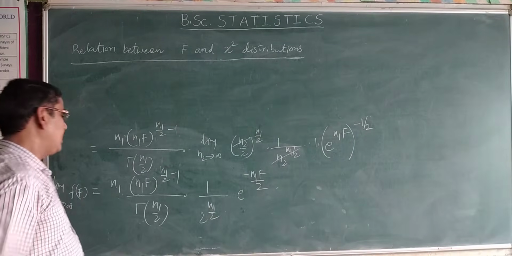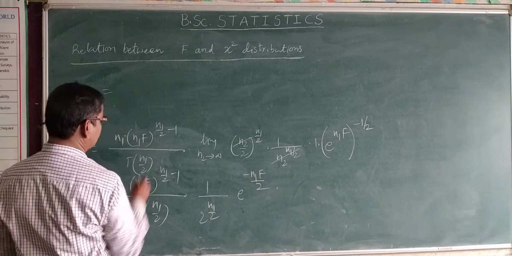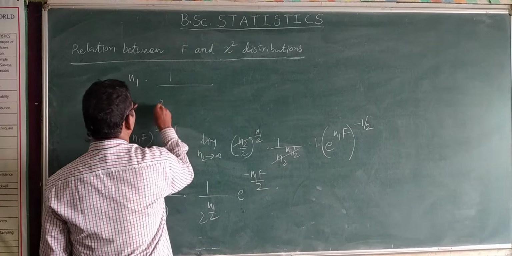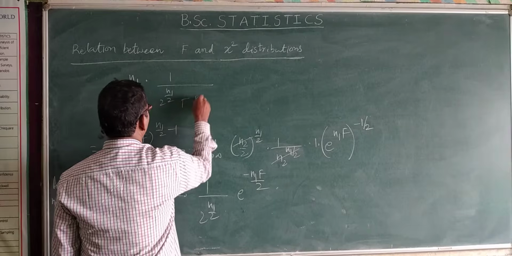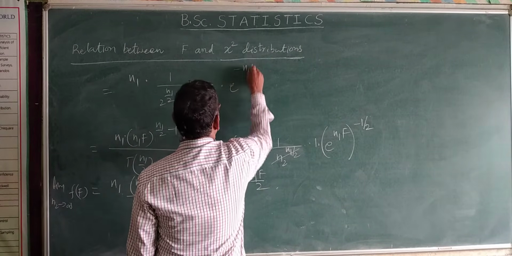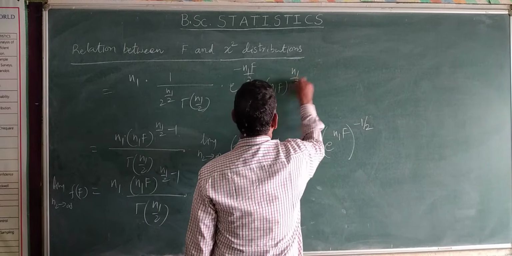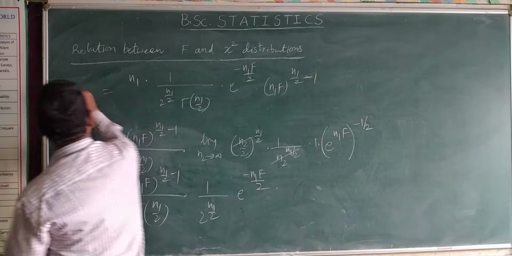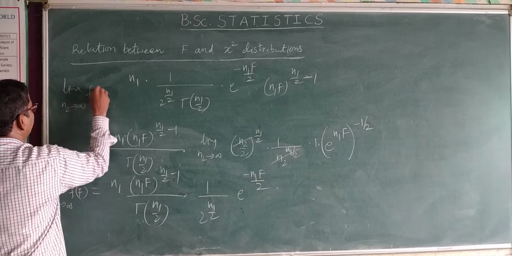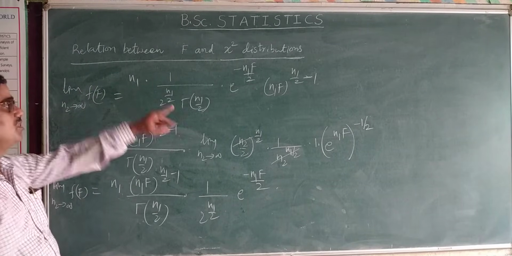So now I frame it: n1 you keep outside, and 1 by 2 power n1 by 2 gamma of n1 by 2, and e power minus n1 f divided by 2, and n1 f whole power n1 by 2 minus 1. This is the limit as n2 tends to infinity of f of f, the probability density function of F as n2 tends to infinity.